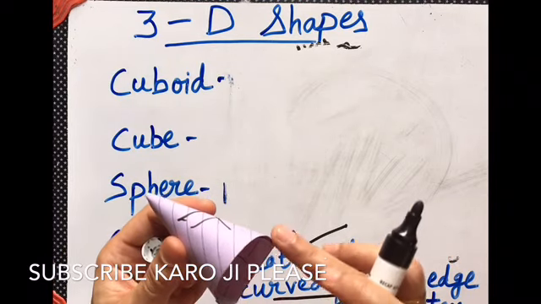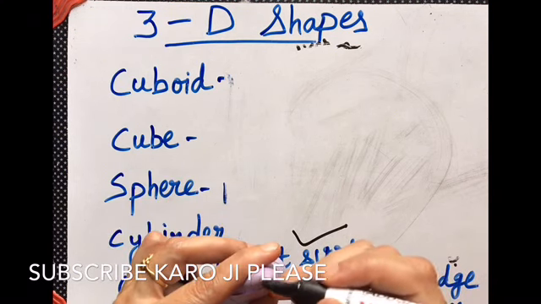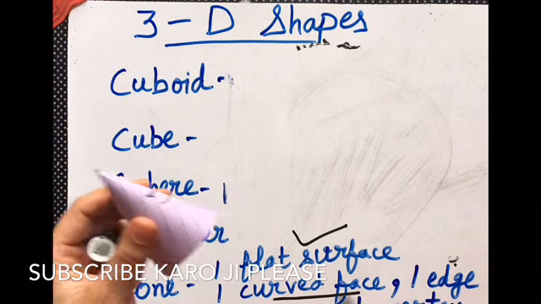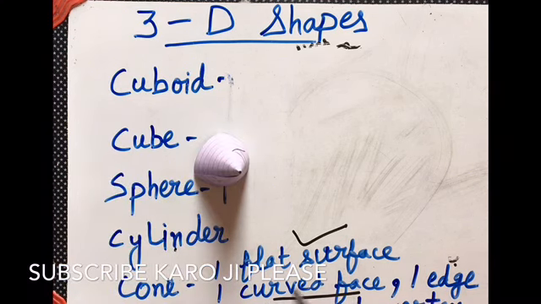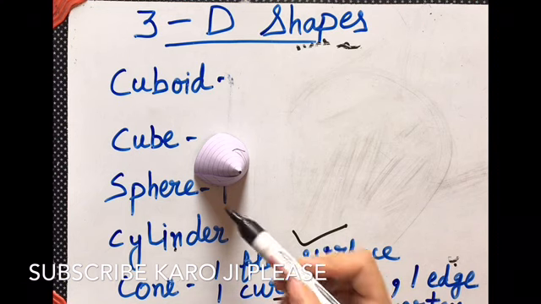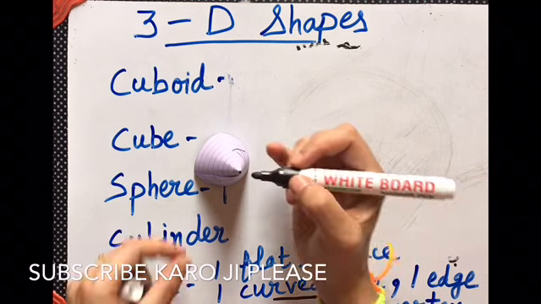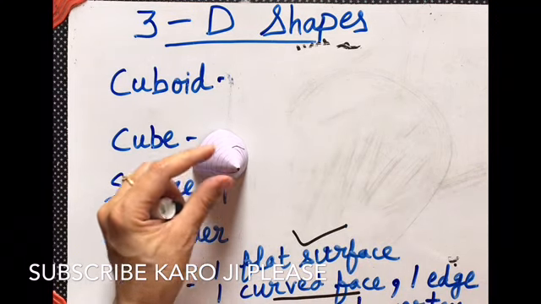It has one edge. This line is one edge, and this is the corner. So it has one vertex. So in the case of a cone, you have one flat surface, one curved surface, one edge at the bottom and one vertex. This corner at which all the faces are meeting is its vertex.